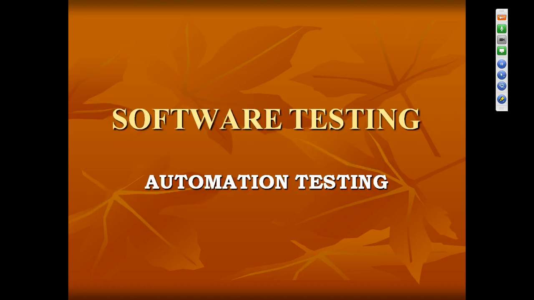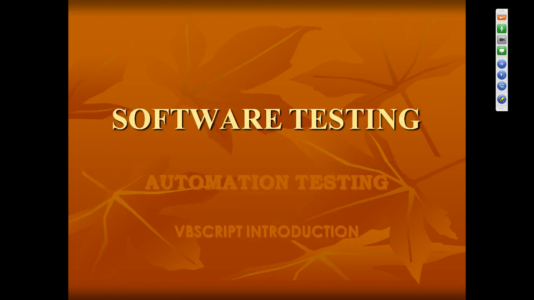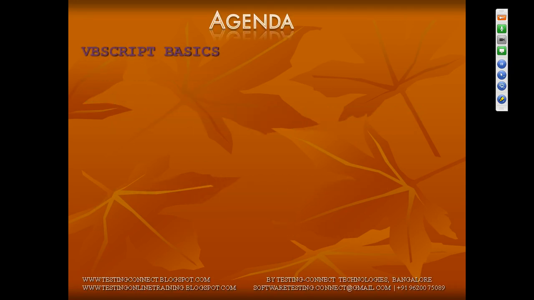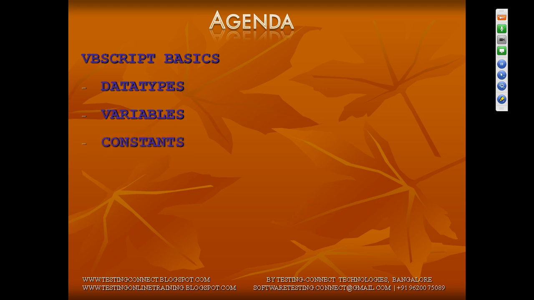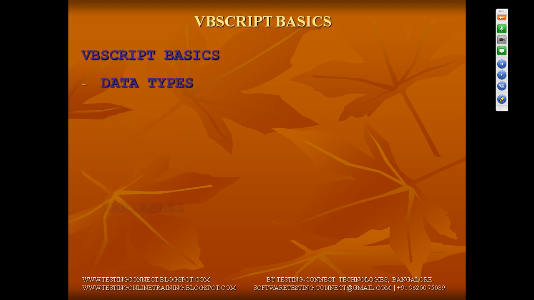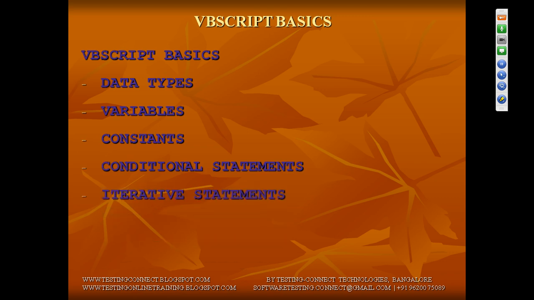Okay, then we start up with VB script basics like variables, arrays, constants, data types. So these are the different things we'll take a look at. As you are aware, these are the very basic concepts you will come across in every programming language.